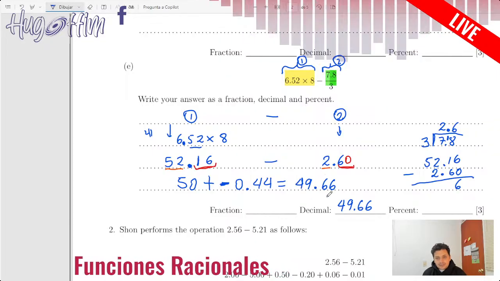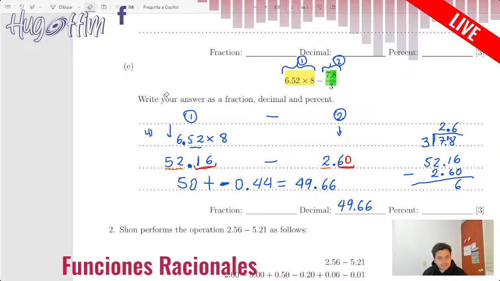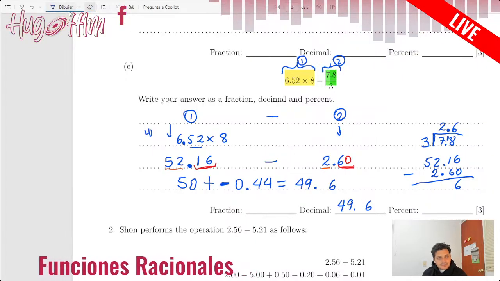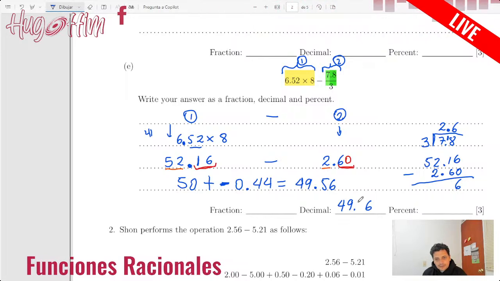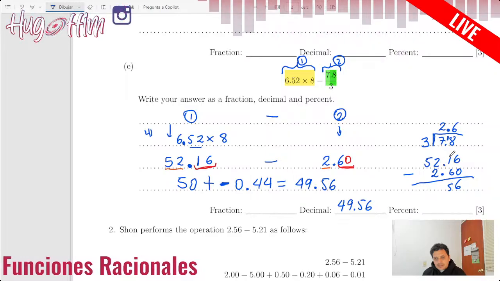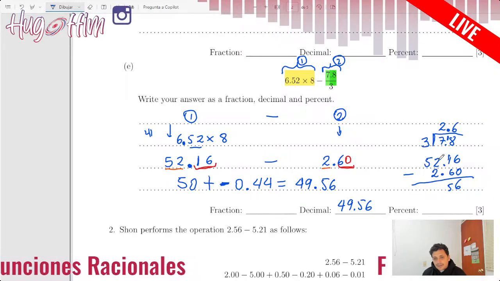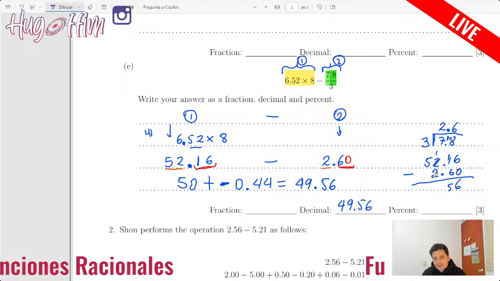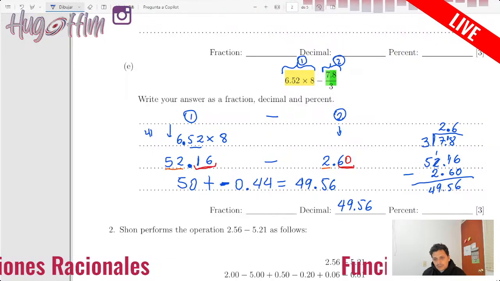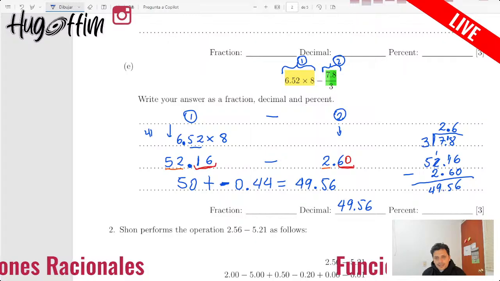It's 56. Not 66, 56. 11 minus 6, 5. And 51 minus 2, 49. Okay, so this is the idea.